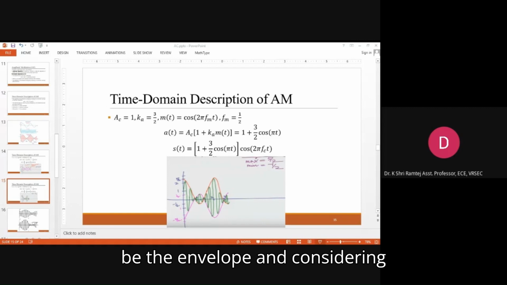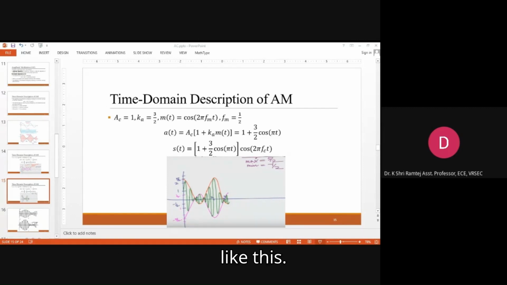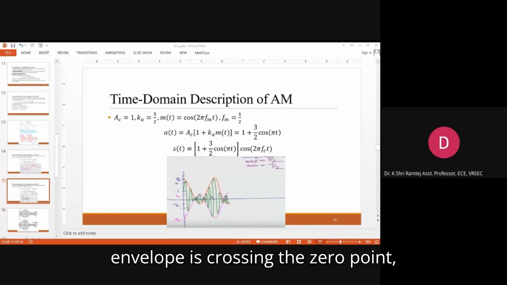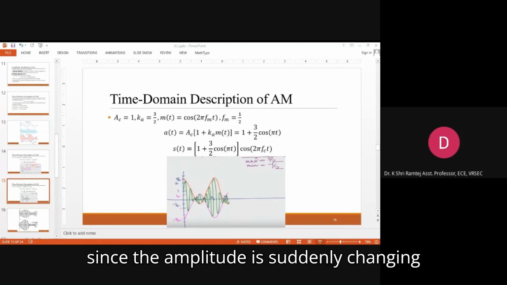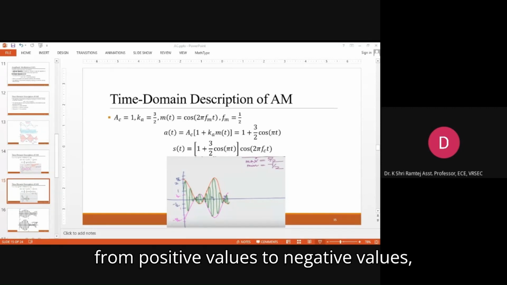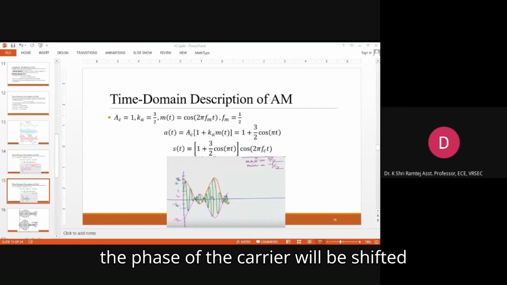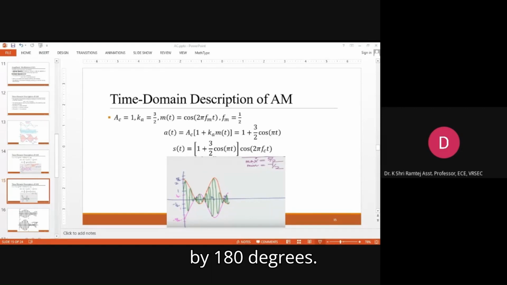This will be the envelope, and considering the mirror image, the waveform will be like this. At this point, where the envelope is crossing the zero point, since the amplitude is suddenly changing from positive values to negative values, the phase of the carrier will be shifted by 180 degrees.